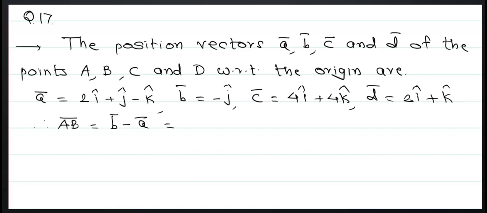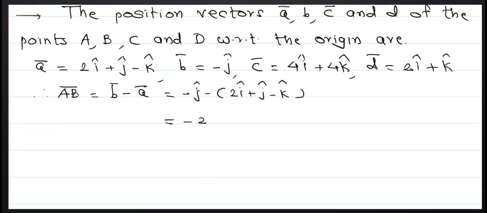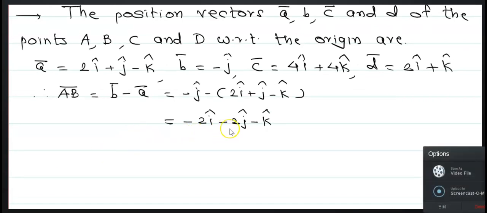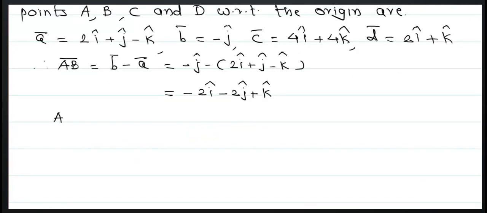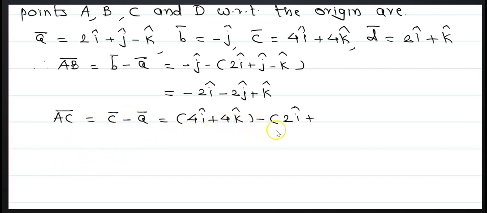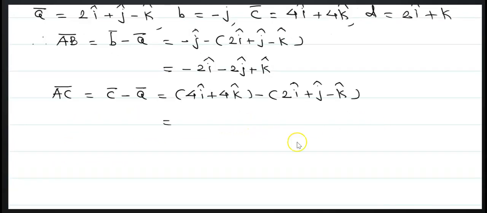Now AB bar, that is B bar minus A bar, that is minus j in bracket, minus in bracket 2i plus j minus k, and overall you will get minus 2i minus 2j minus k plus k, sorry, minus minus will become plus. AC bar, C bar minus A bar, that is 4i plus 4k minus in bracket 2i plus j minus k.